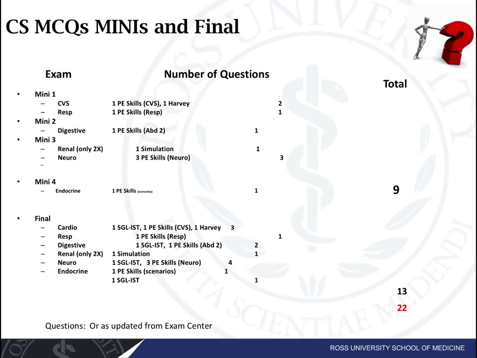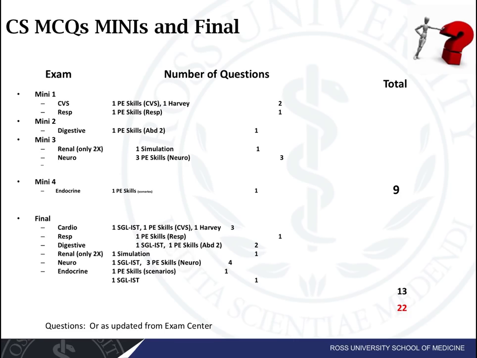The way the CS exam is graded, you will have 3 stations. You need to get a minimum of a 60% in all 3 stations to pass the CS exam. You need a combined score of 70% or greater in all 3 sessions in order to pass the final. So you can get a 65 in one station.